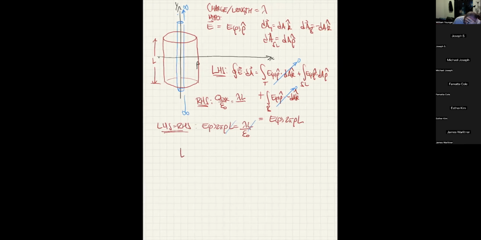We've gotten that the electric field is in fact equal to lambda over 2 pi epsilon naught rho, where before we used R or X, now we're using rho, and it points in the rho hat direction. Okay, so now you've seen how much easier it is to do Gauss's law than it is to do Coulomb's law. Look how short that was.